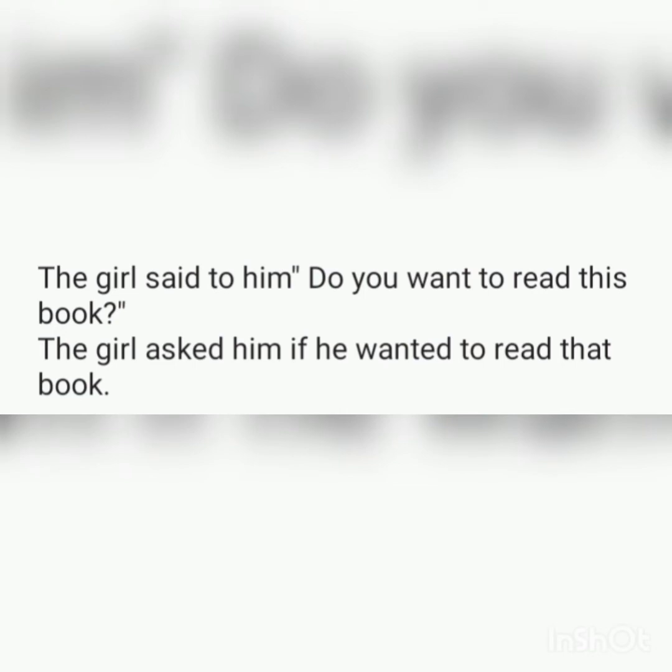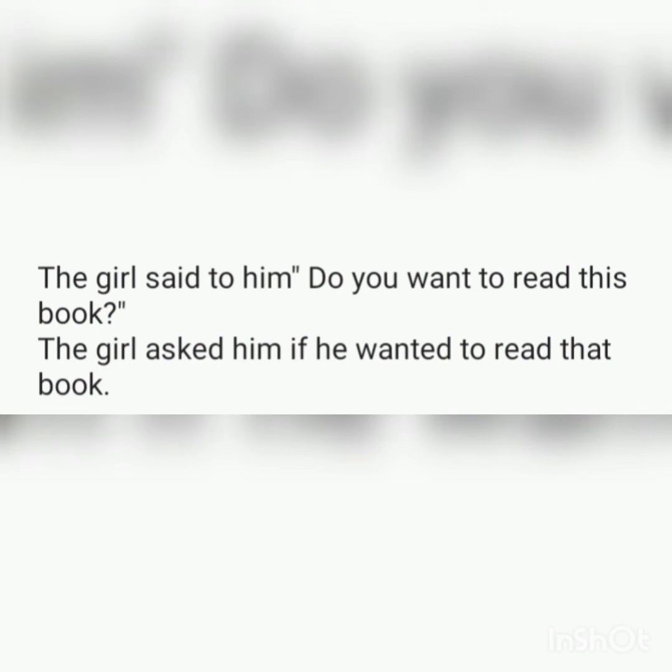The next question is, the girl said to him, "Do you want to read this book?" Here, when we change into indirect speech, said to will become asked again. And the reported speech is another question form which begins with the auxiliary verb do. So we can join the verb and reported speech by using if again. Let's change into indirect speech.